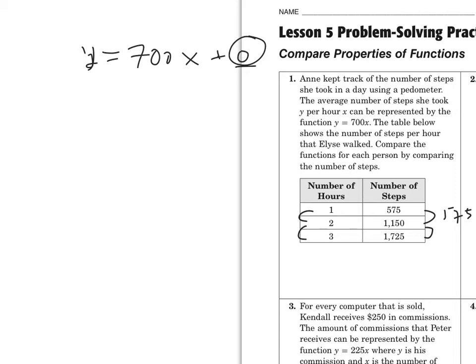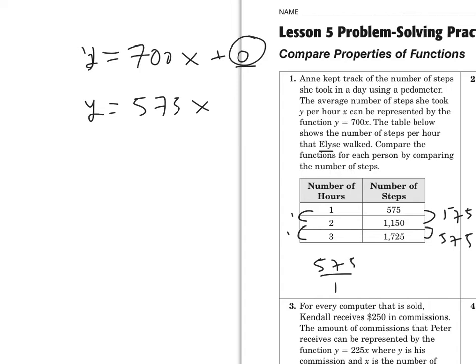And then 1725 minus 1150 is again 575. And these numbers are clearly 1. So our slope for Elise is 575 over 1, so her equation is y equals 575x, 575 steps per day.